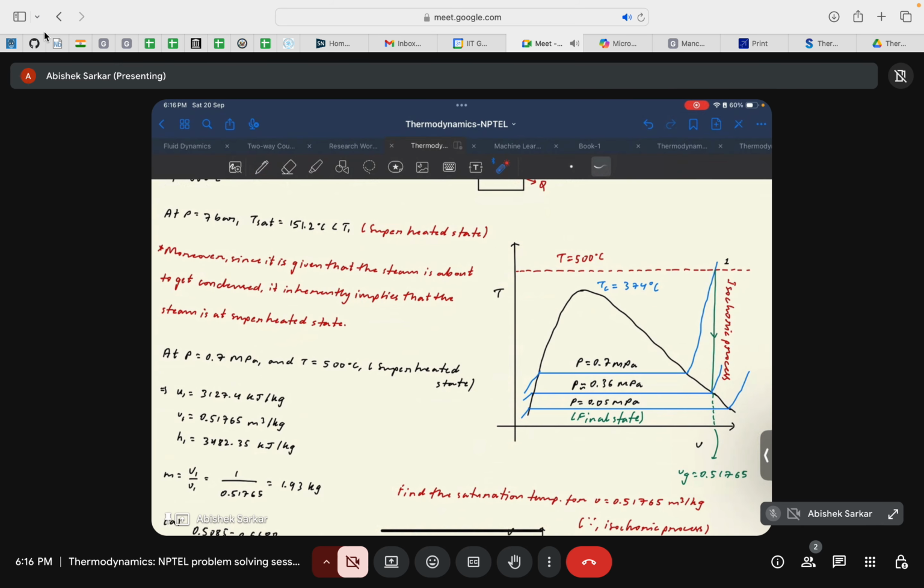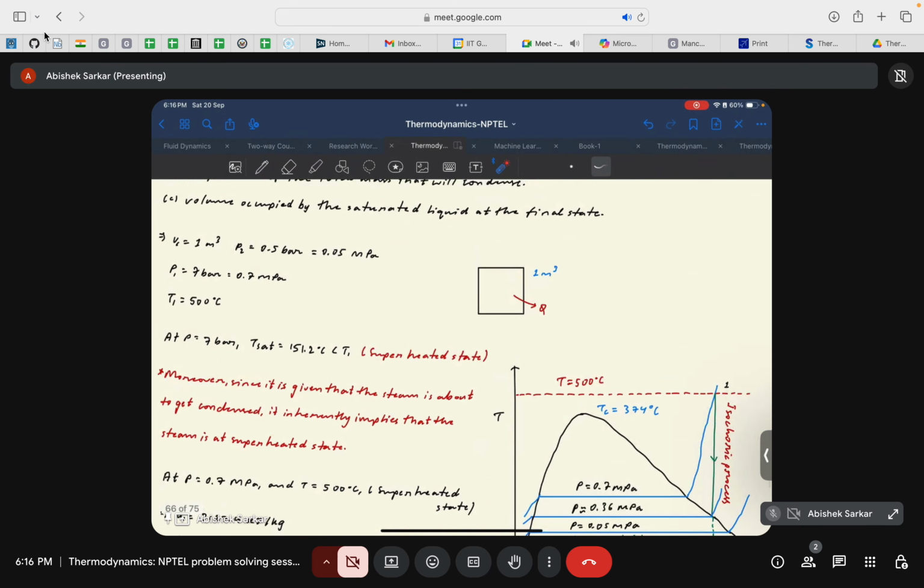So the first thing is the information. Volume is 1 meter cube, initial volume. Final pressure is 0.5 bar, initial pressure is 7 bar, or 0.7 megapascal, and initial temperature is 500 degrees Celsius. So the first thing to look at is whether the steam is at superheated state or at saturated state.